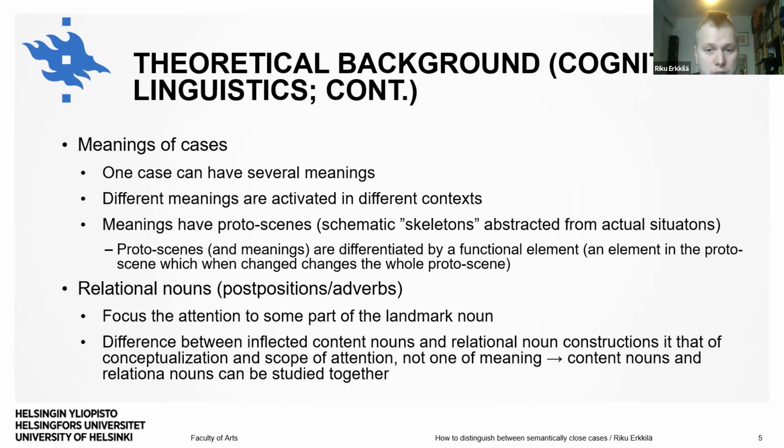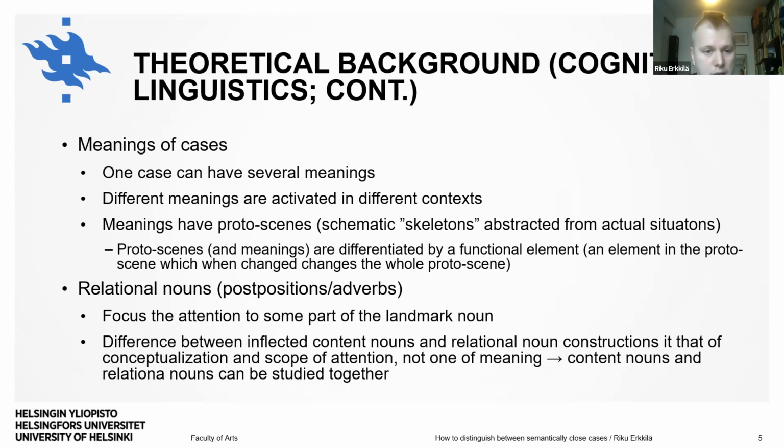And protoscenes are differentiated by a functional element. The functional element is the smallest semantic change in the protoscene that changes the whole meaning of an utterance. And then there are also contextual variants that are expressions of the same meaning, but that have minor semantic differences in them.